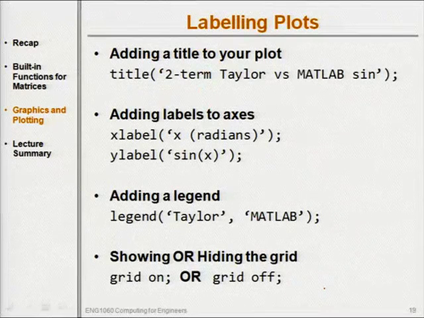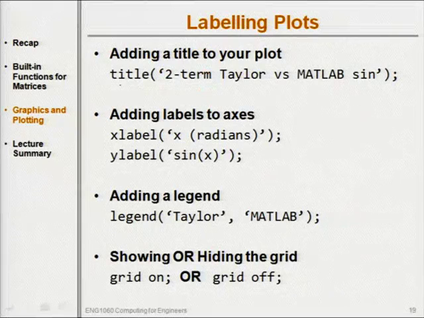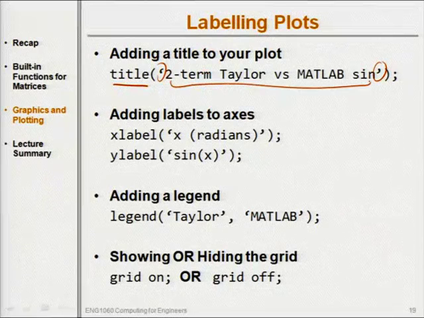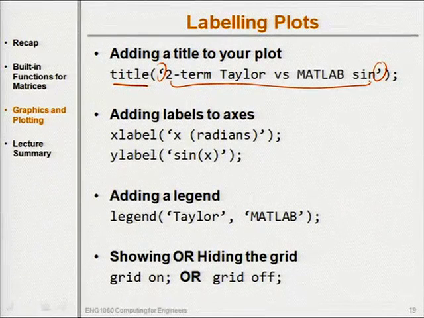So on a basic plot, you have a few labels. You have the obvious one, the title. The syntax for it is simply title, and using the apostrophe quotation marks, you can write anything you want inside. That will appear as the title of the graph. You want to put some X labels and some Y labels.